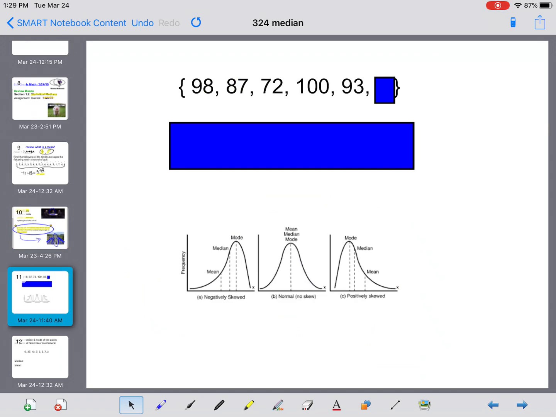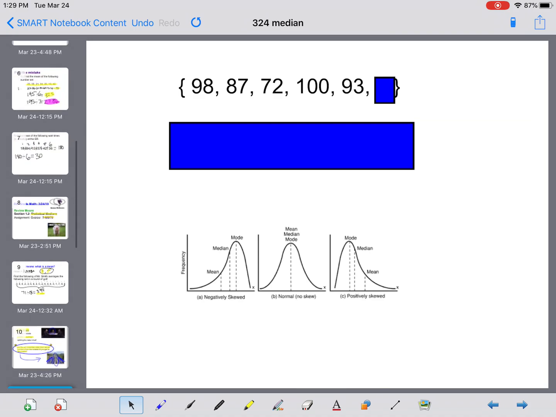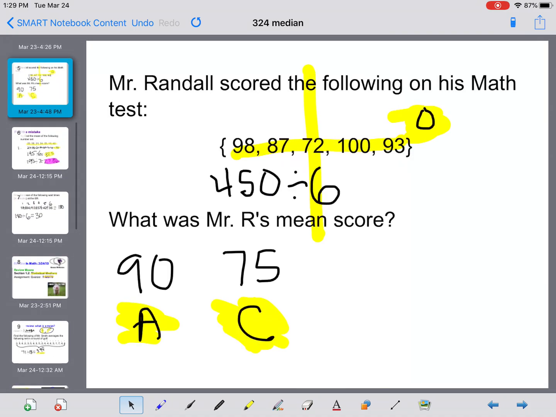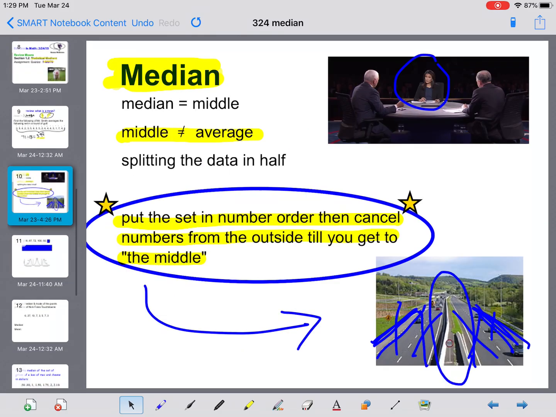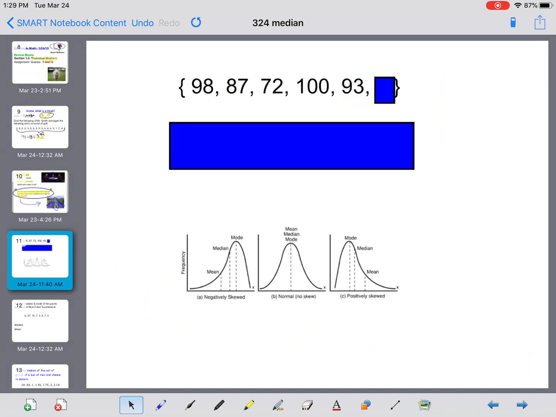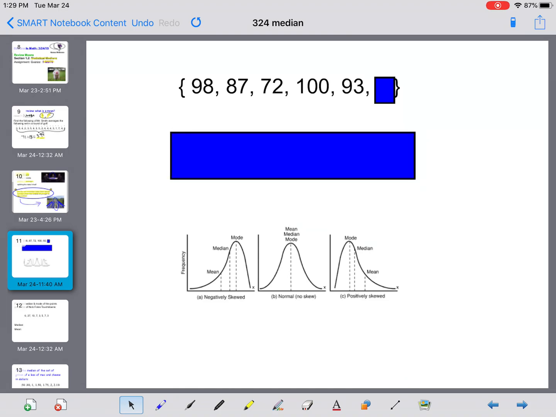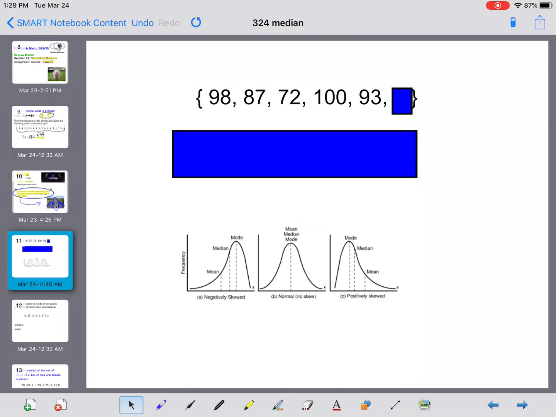So, looking at the same example I had before, when we found the mean, it was 90 without the 0, 75 with the 0. Well, what we're going to have to do is put them in number order. And how would I put it in number order?